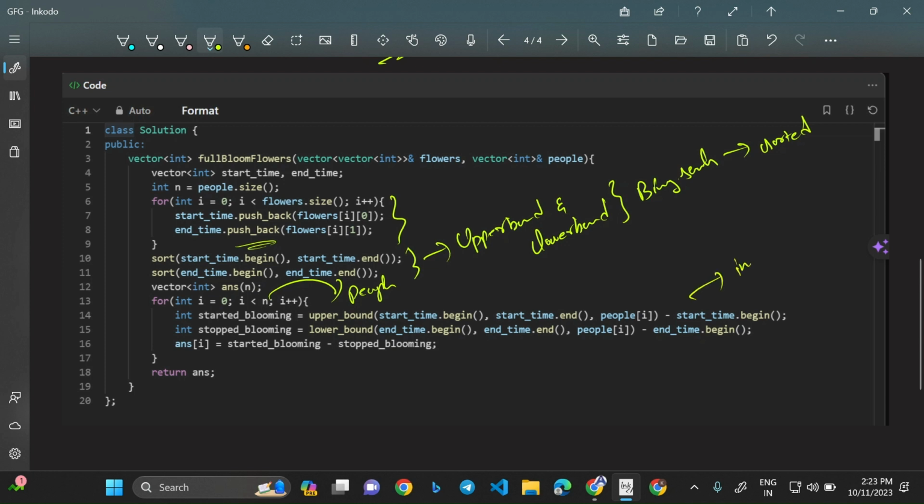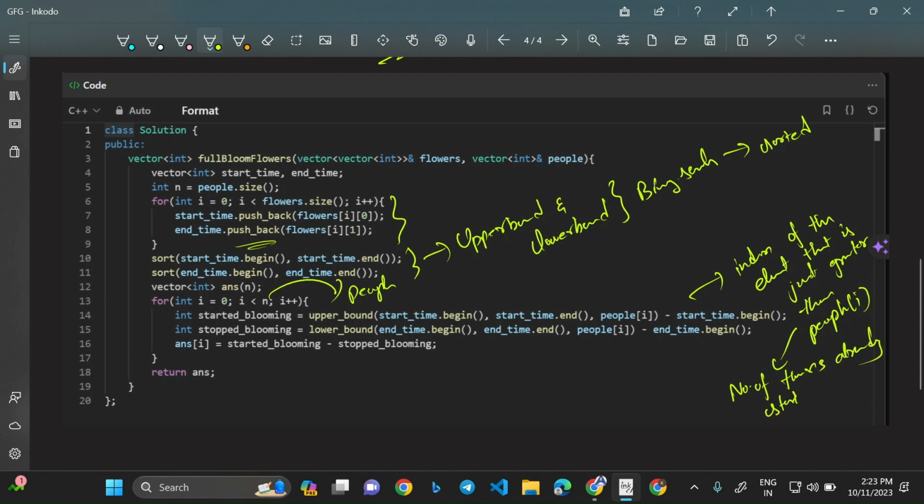This gives the index of the element that is just greater than people of i. So this indicates the number of flowers already started blooming.